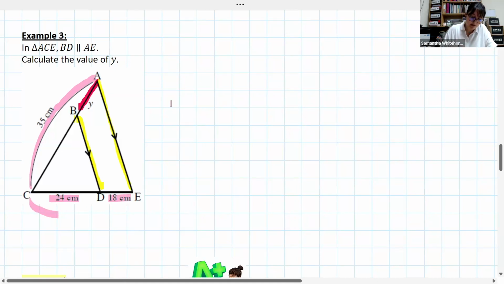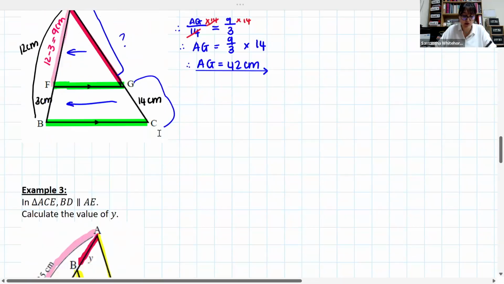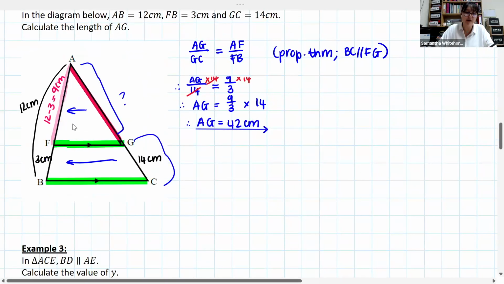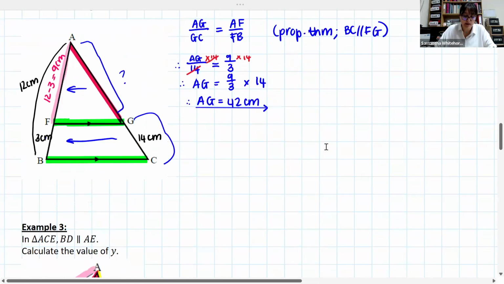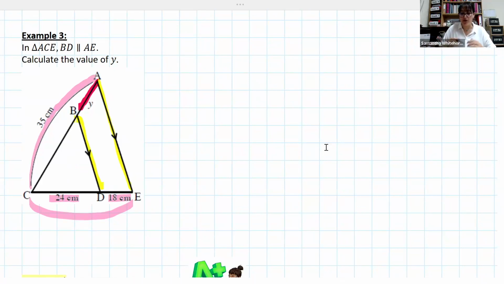Technically, what that means, guys, is you do actually know the whole side length CE. If you just added those two values together, you would obviously get the whole side length CE. Same as in the last question, I did actually know what AF was, I needed to subtract. So always remember, based on the information you have, you might actually have a little bit more than what's right in front of your face.